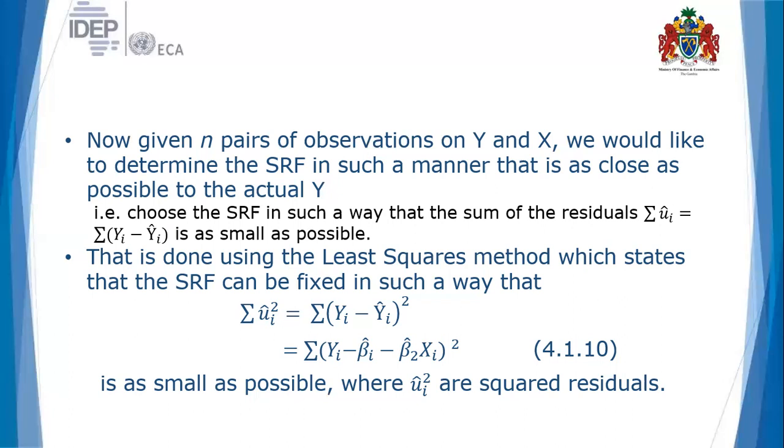This will then give us the summation of (y_i minus beta hat 1 minus beta hat 2 x_i) squared being as small as possible, where mu hat_i squared are the squared residuals or error terms.